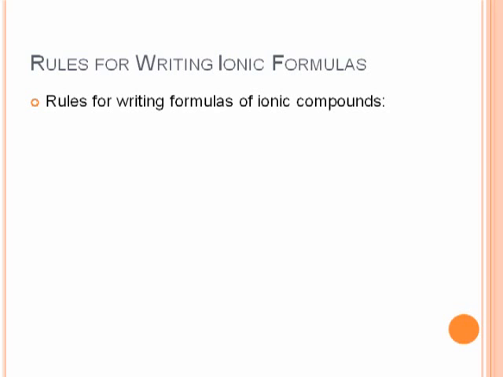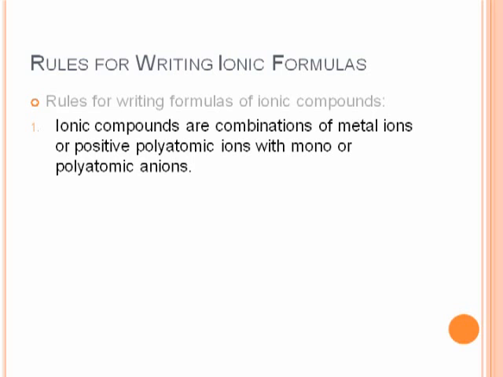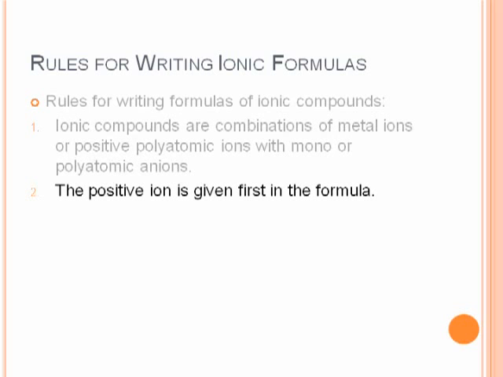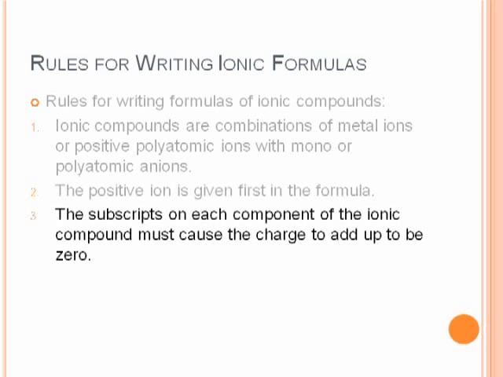So, rules for writing formulas for ionic compounds. Your ionic compounds are combinations of metal ions or positive polyatomic ions with mono or polyatomic anions. The positive ion by convention is written first, and the anion is written second.